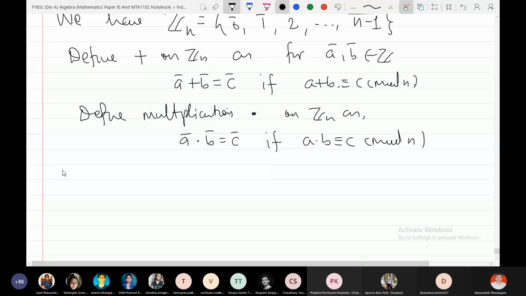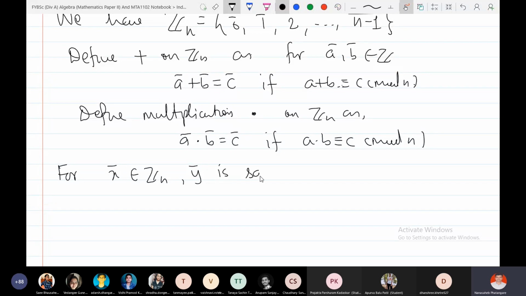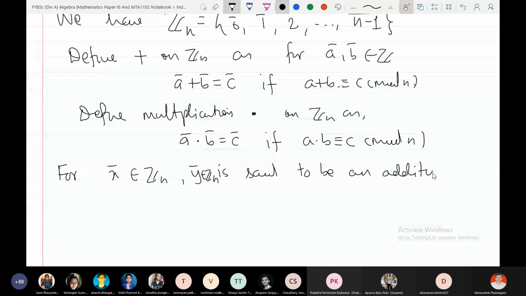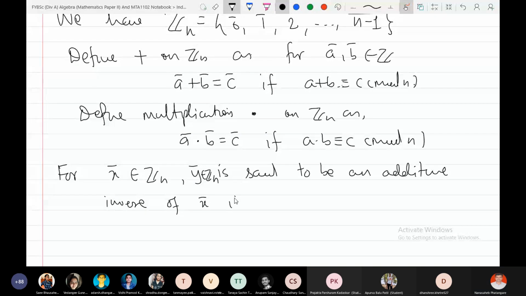Now, for x bar in Zn, y bar in Zn is said to be an additive inverse of x bar if x bar plus y bar is 0 bar.